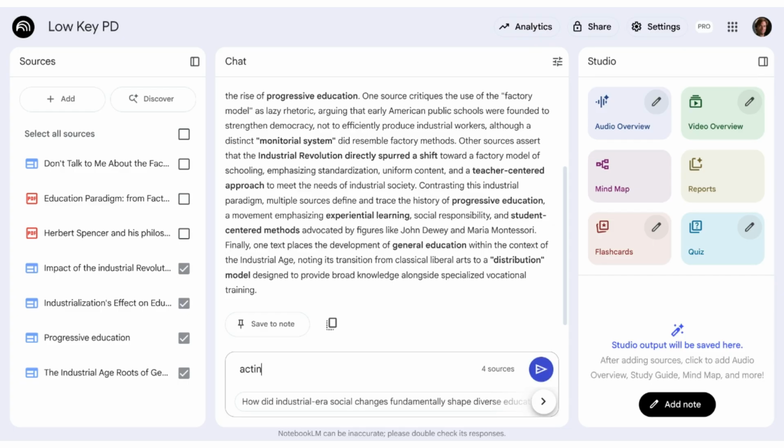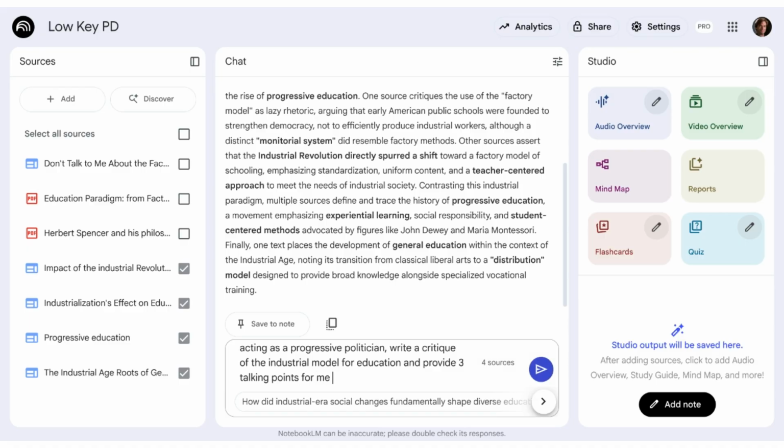So I can just do something like, acting as a progressive politician, write a critique of the industrial model for education and provide 3 talking points for me to use on the campaign trail.